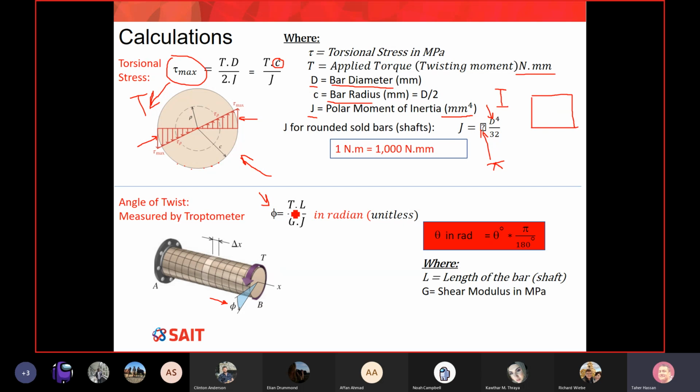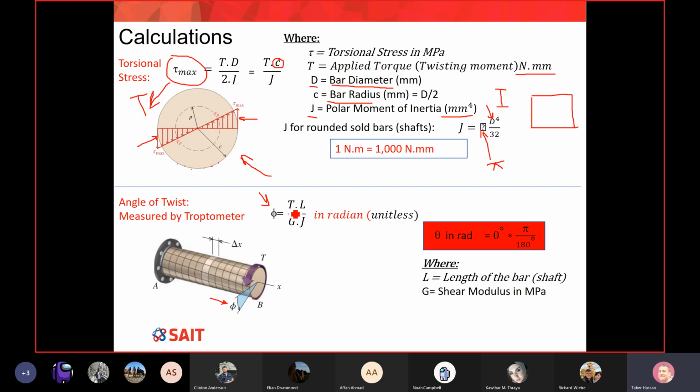Now let's look at the denominator, which has an inverse proportion. When J or G increases, we get less twist angle. So there is an inverse relationship. If we have a bigger bar, are we getting a bigger twist angle or a smaller one? A bigger bar means the diameter gets bigger, so J gets bigger.